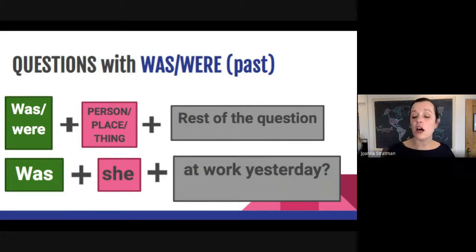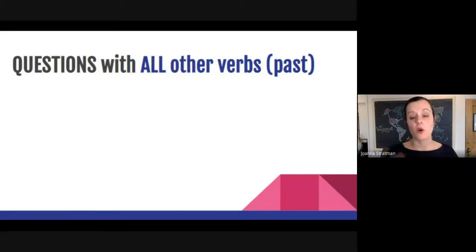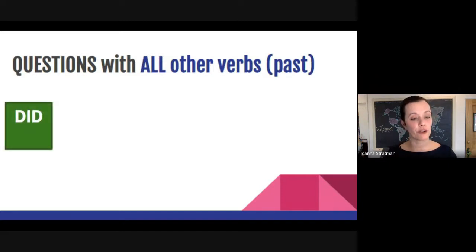For all other verbs in the past, we need to use the helping verb did. Did does not have meaning in this position, but we use did to help us make the structure of the question.